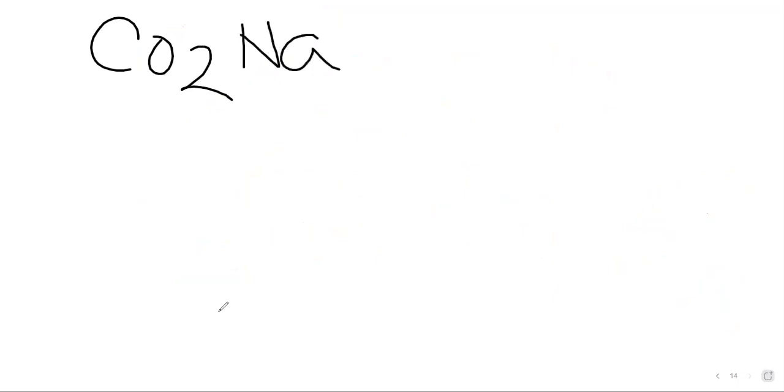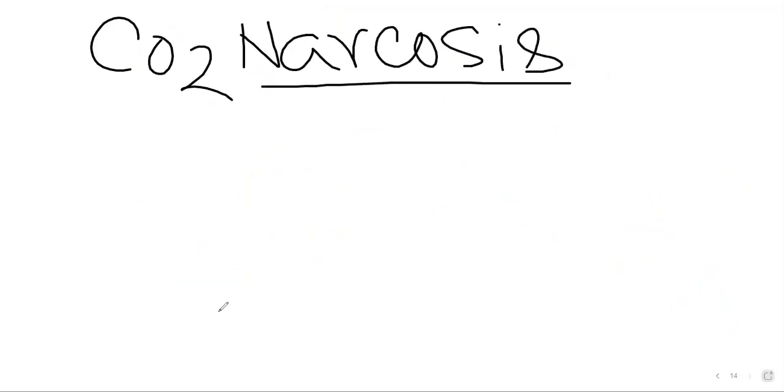Now, important factors related to CO2 narcosis. From our knowledge, when there is an increase in the partial pressure of carbon dioxide, the central chemoreceptor will be stimulated, and there will be increased RAM generator activity. But it will not occur for a long time.